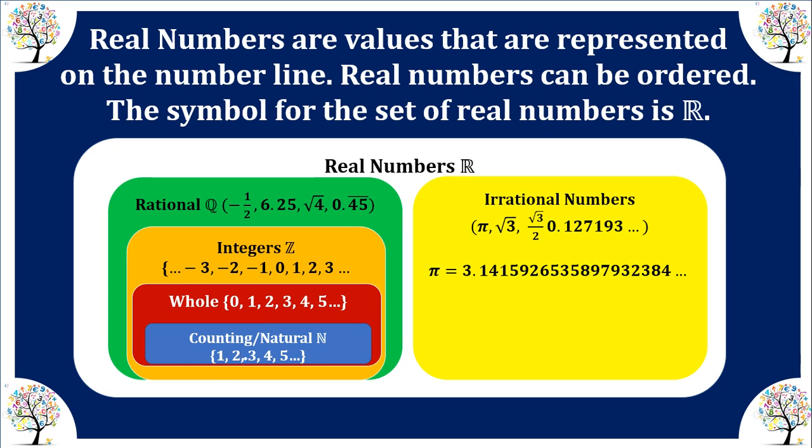So 1, 2, 3, 4, and so on are counting numbers, sometimes called natural numbers. Then we introduced the number 0, and 0 plus the counting numbers created the whole number system. So we have 0, 1, 2, 3, and so on.